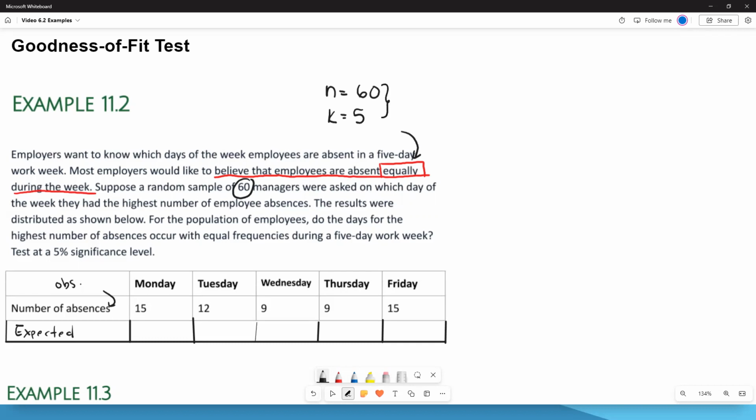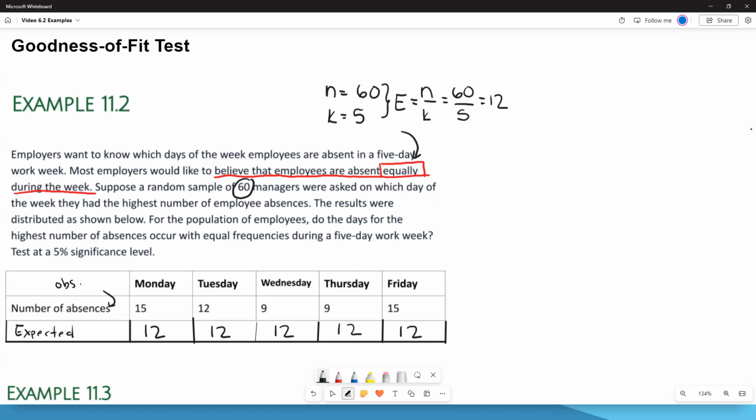And I also know that when I see that keyword equally, to find the expected frequency for each category, I divide n by k. So 60 divided by 5 gives us 12. So I know that my expected row, each category should have 12 people in it if employees are absent equally during each day of the week.